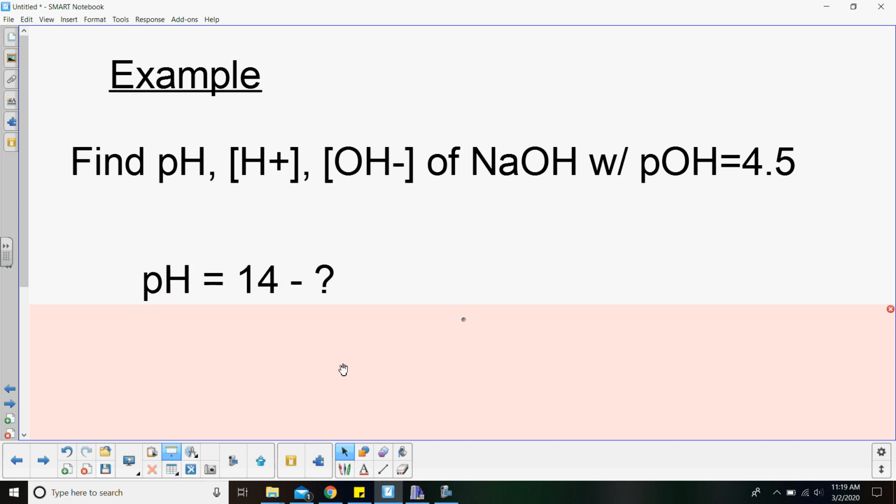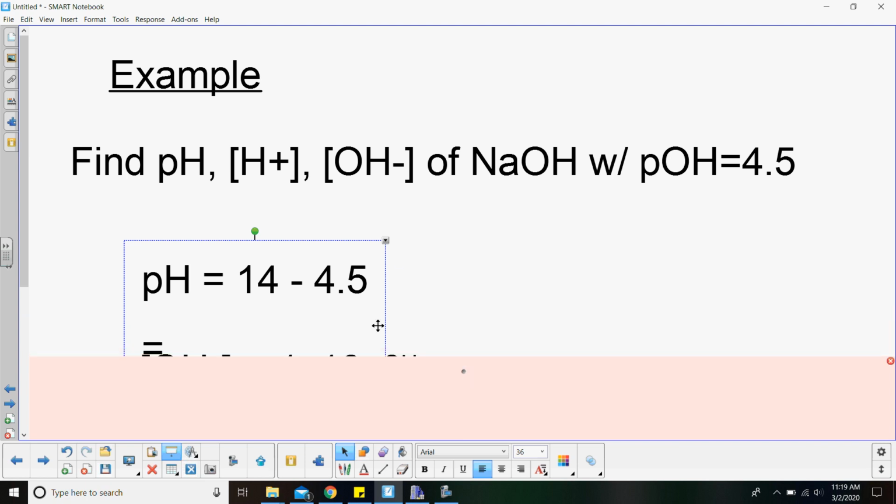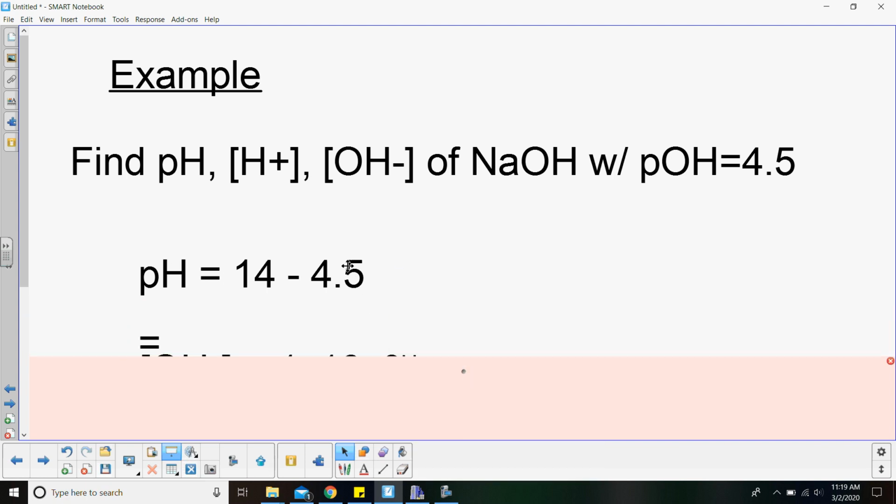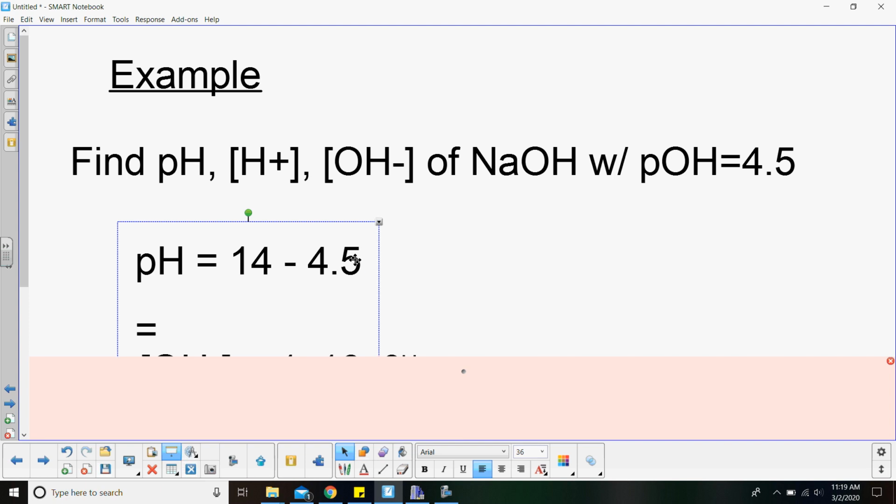So once again, we want to find pH. You take your 14, you minus, now we know our number, 4.5. We get a value of 9.5.